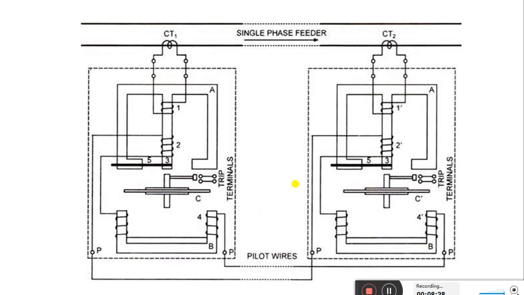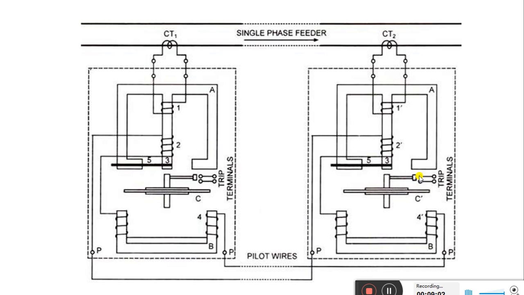What we see here, similar to the induction type overcurrent relay, is that this disc is mounted between this upper magnet and the lower magnet. Similarly here also, another Translay system is given, where again the same disc is mounted between the two magnets, and once this disc rotates, this plunger will also have a rotation.